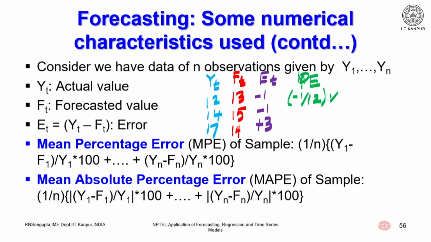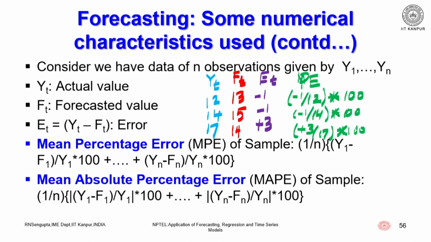This star is basically the multiplication, multiplied by 100. The next value would be again minus 1 divided by 14, 14 was the actual value, multiplied by 100, and the last case would basically be plus 3 divided by 17 multiplied by 100.